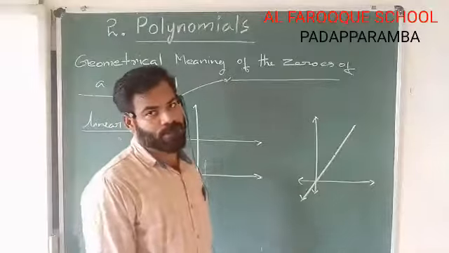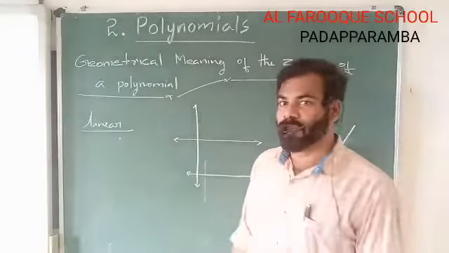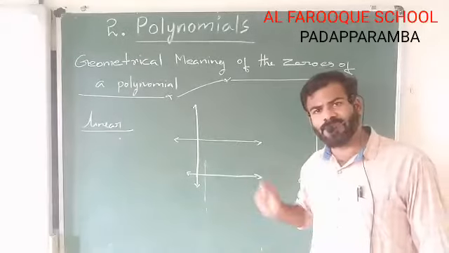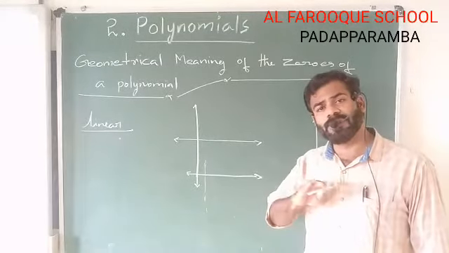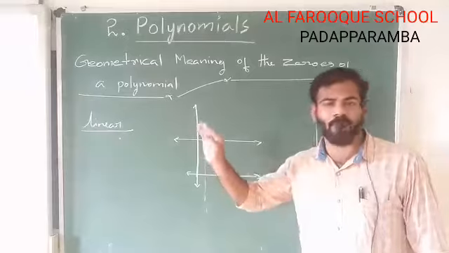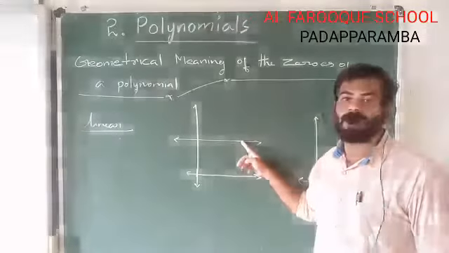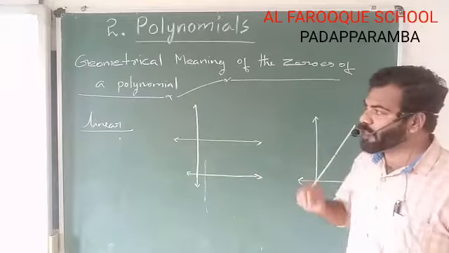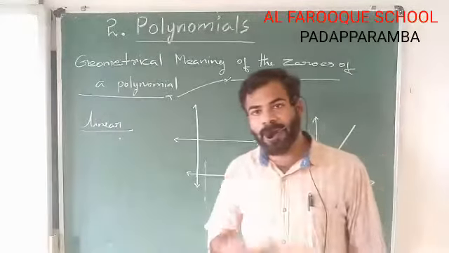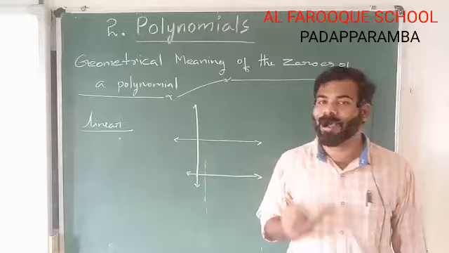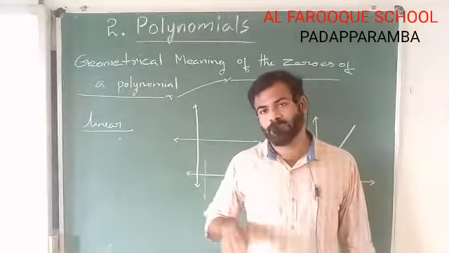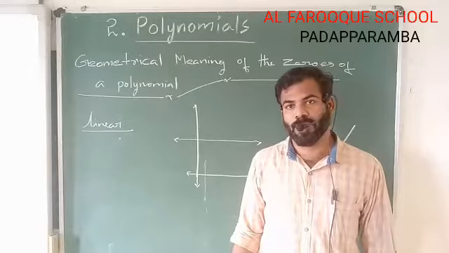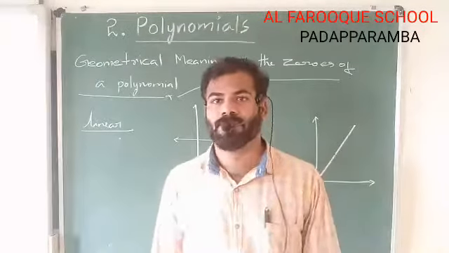Here there is no intersection with the x-axis. So here we can say that there is no zero for this line. So we can conclude that a linear polynomial has at most 1 zero. That's all.